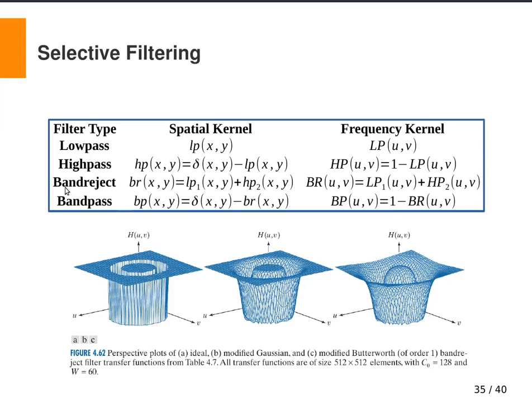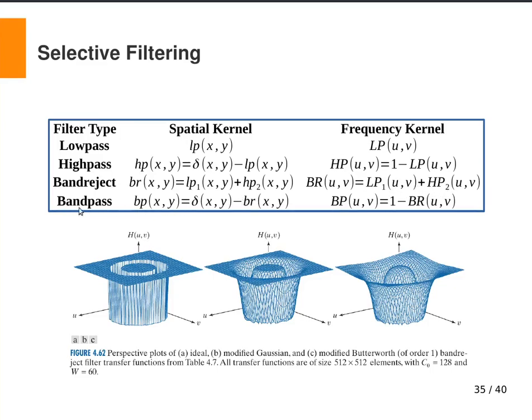But what about band reject filters? As we saw before, band reject filters can be derived by a summation of a low pass kernel and a high pass kernel. Since this is a linear operator, its Fourier transform representation is exactly the same. So in the frequency domain, a band reject filter is the summation of a low pass filter and a high pass filter. Of course, these two can have different frequencies.